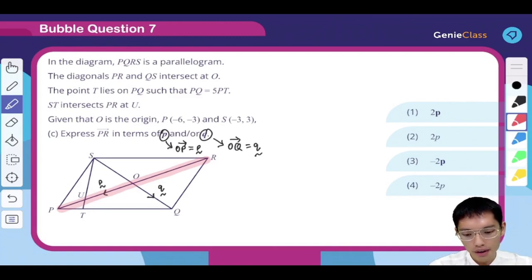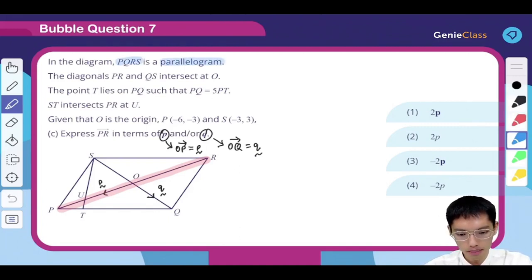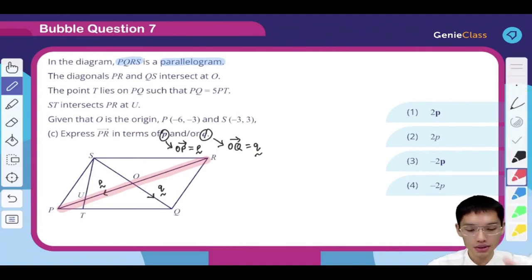So I have P, I have OP, but I want PR. Look at the direction of PR. Recall your concepts: PQRS is a parallelogram. If the diagonals intersect at O, what does it mean? The diagonals, as we learned in Sec 1, bisect each other. Therefore these two are the same length.